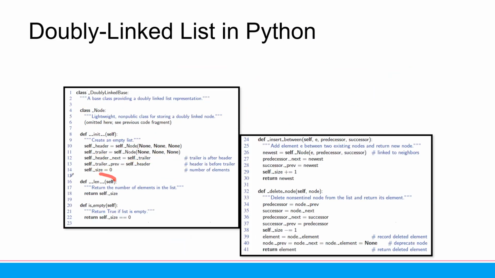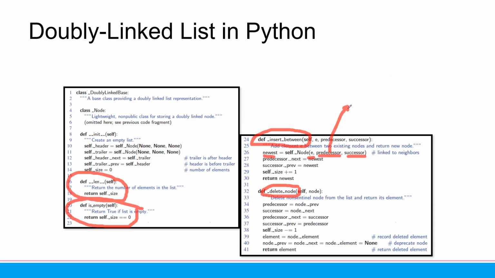And then we want to know the length, which means the size. I want to check whether it is empty or not. In this doubly linked list, what I explained before, you have the insert between and the delete node. For the insert between, I will create a new node, the newest, with the element E, predecessor, and successor.